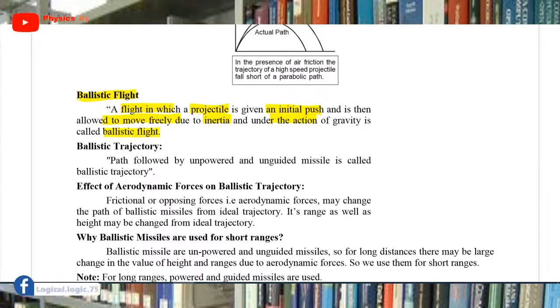Now the next question is, what is ballistic trajectory? Trajectory means path, right? The path followed by a missile is called trajectory. Now today we are talking about ballistic missile, that's why the path followed by an unpowered and unguided missile, in other words, the path followed by a ballistic missile, is called ballistic trajectory.